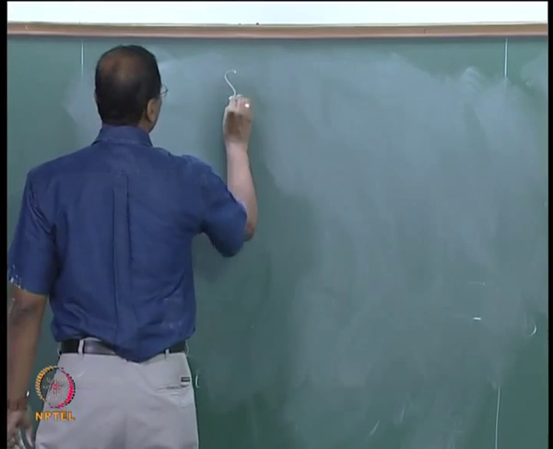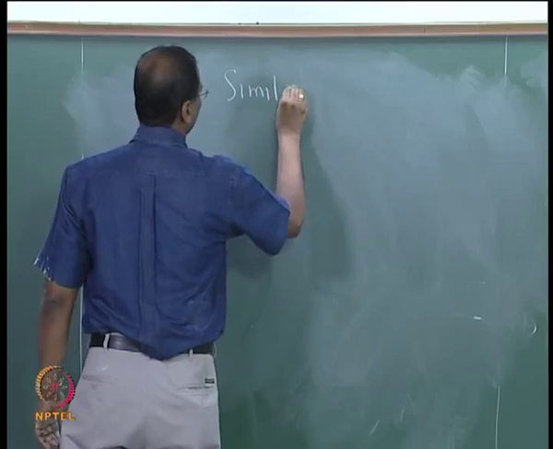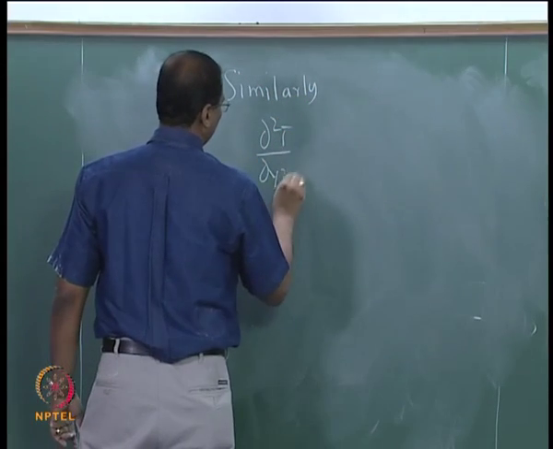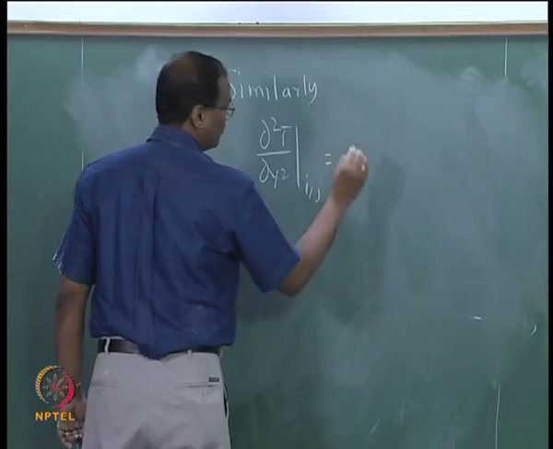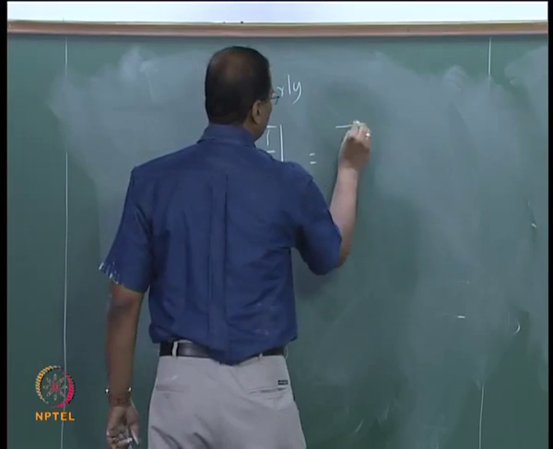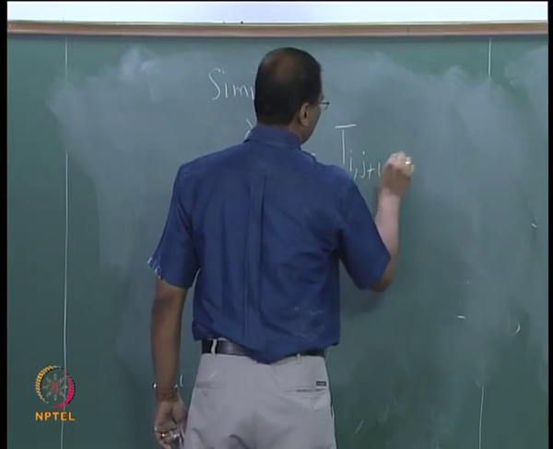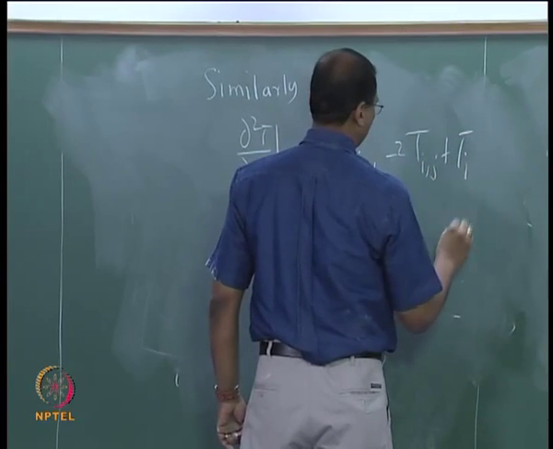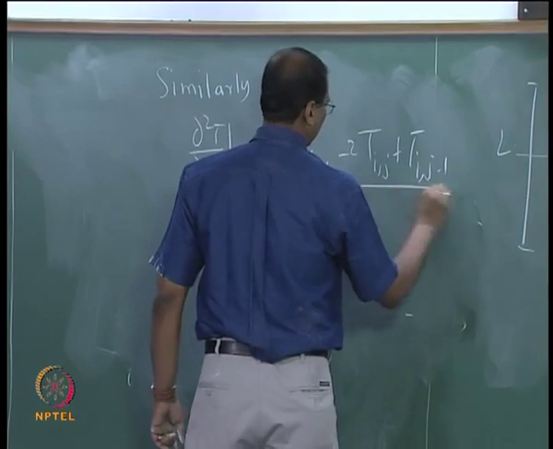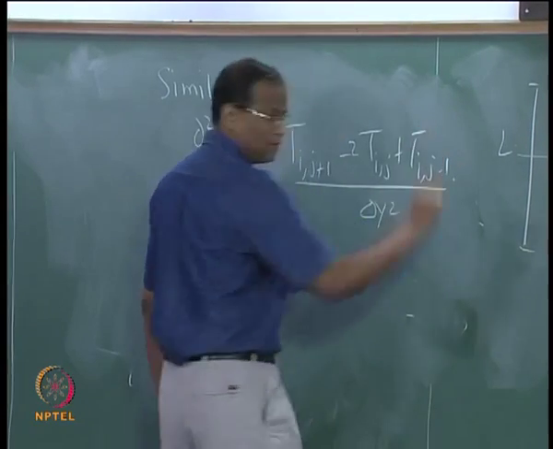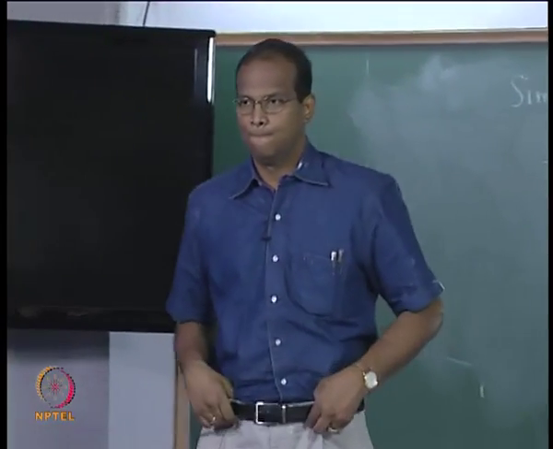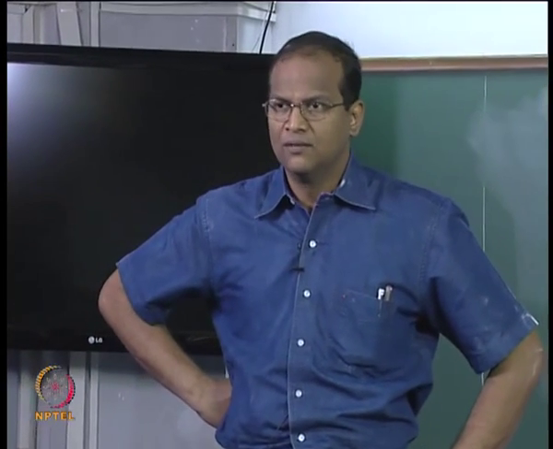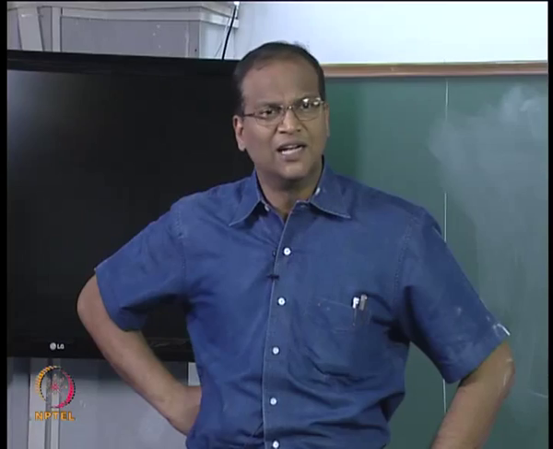Similarly, T i, j plus 1 and so on. You can make delta x different from delta y, but the simplest case will be delta x equal to delta y.